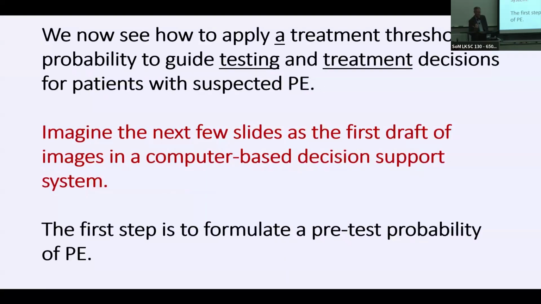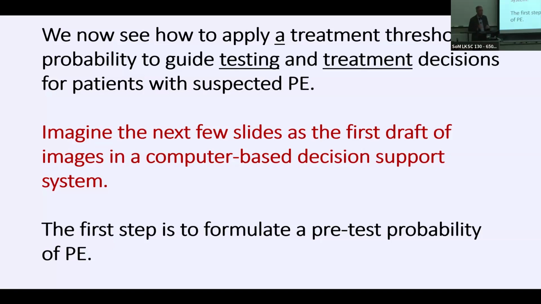So just to catch our breaths here, we've seen how to apply a treatment threshold probability to guide testing and treatment decisions with suspected PEs. You can see how it's going to unfold.